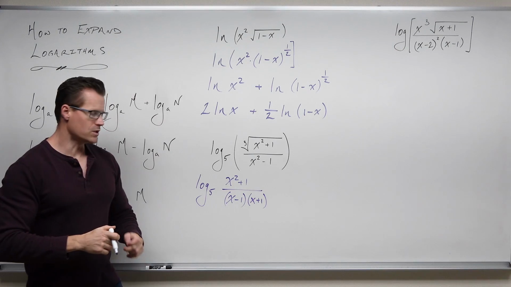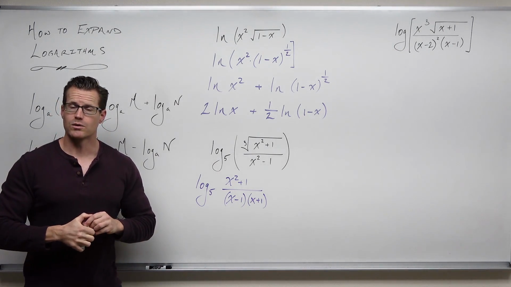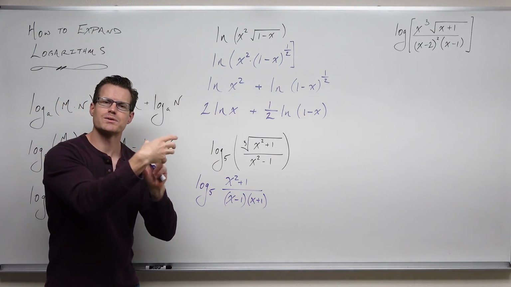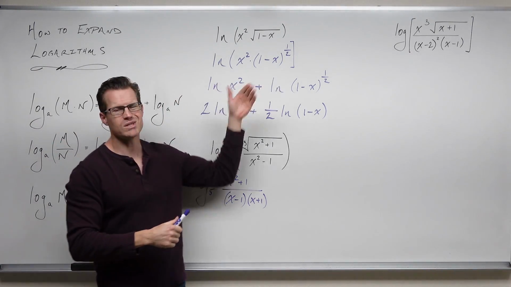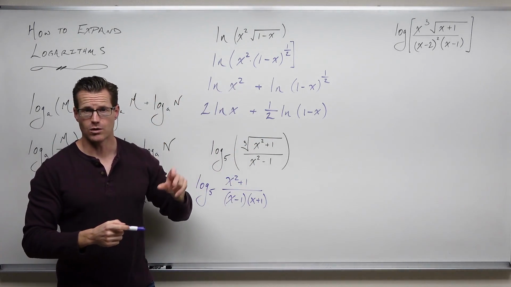The other thing we're going to do is every single time we see a radical, we're going to write that as an exponent. That allows us to notice in our power property, usually at the end here, that we can move that as a coefficient.